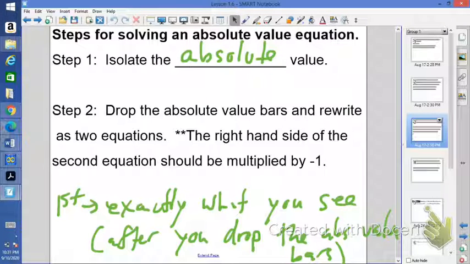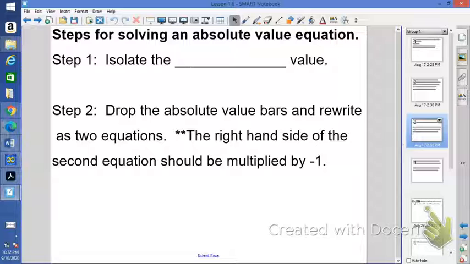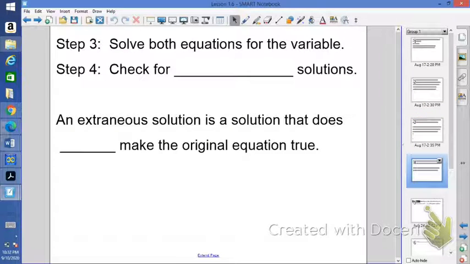The second equation, you multiply the right-hand side by -1. The next two steps: solve both equations for the variable, and then check for extraneous solutions.